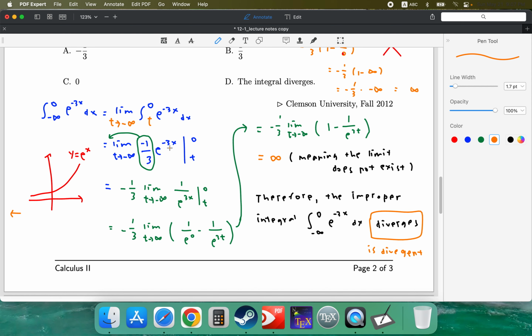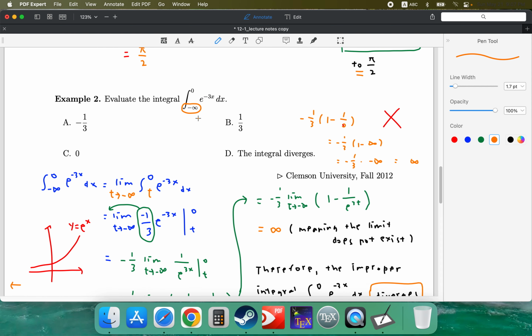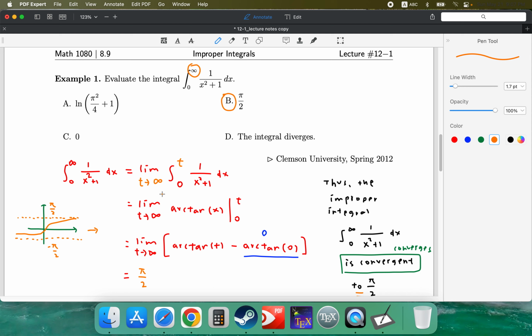So a quick summary. When you see infinity or negative infinity in the bounds, you know it's improper. And the first thing you want to do is to rewrite your integral using limits. So you want to change this infinity to some number. Here you can use t, you can use a, you can use b.